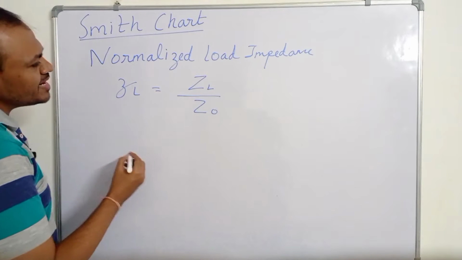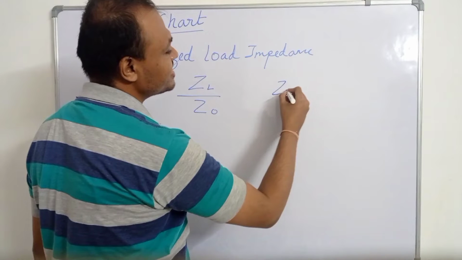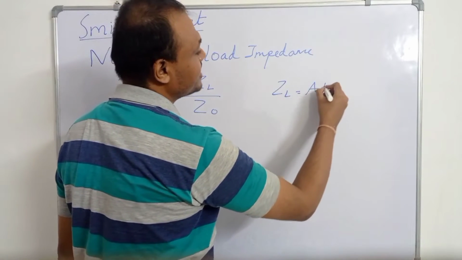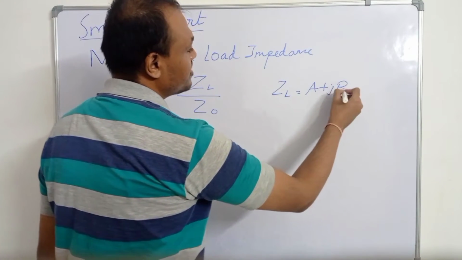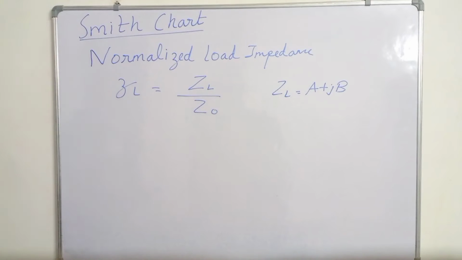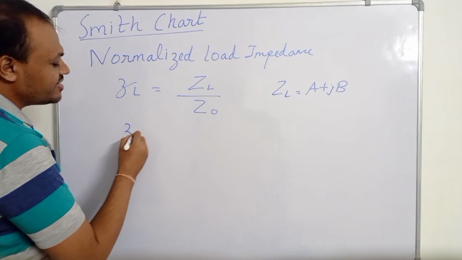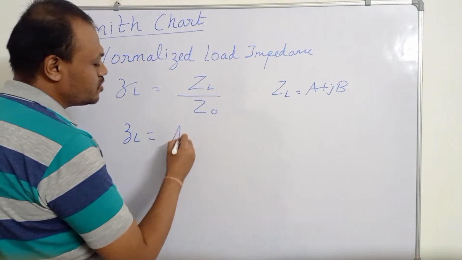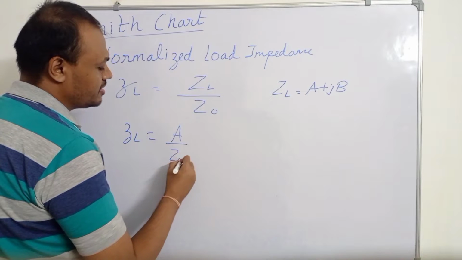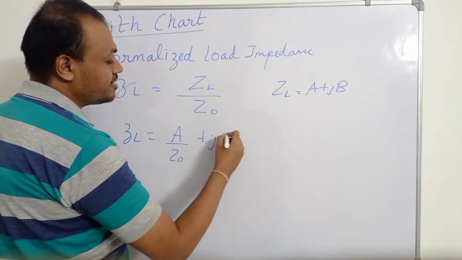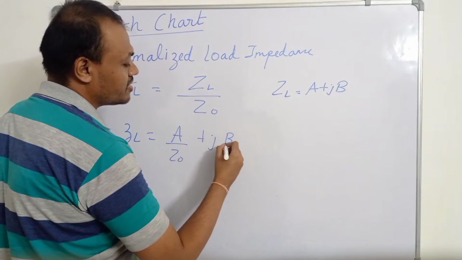Now normally the load impedance for a complex load is denoted by ZL equal to A plus jB. If you write this, normalized ZL will be equal to A upon Z naught plus jB upon Z naught.